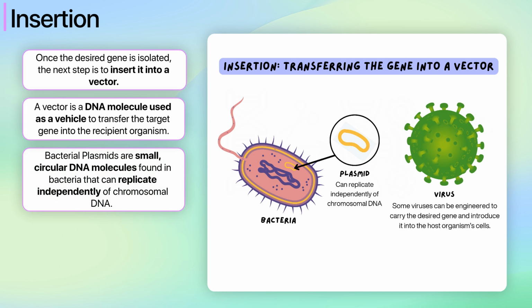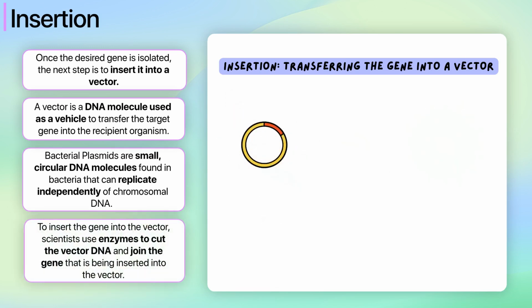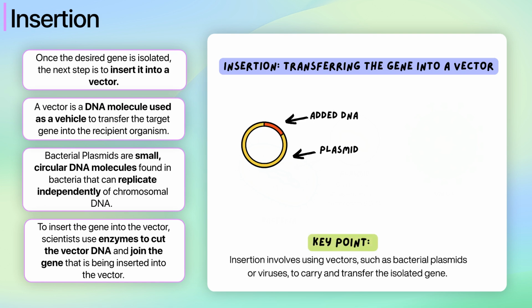Some viruses can be engineered to carry the desired gene and introduce it into the host organism's cells. To insert the gene into the vector, scientists again use enzymes to cut the vector DNA and join the gene that is being inserted into the vector. The key takeaway from this is that insertion involves using vectors, such as bacterial plasmids or viruses, to carry and transfer the isolated gene.